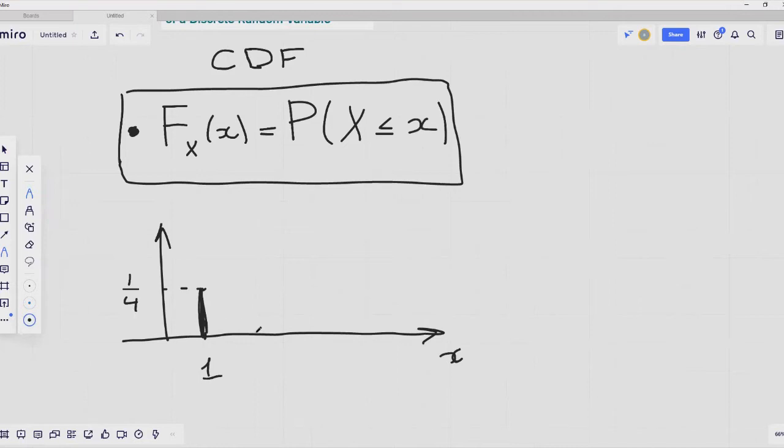It takes on a value of, let's say, 3 with a probability of 1 over 2. So on the y-axis here we have our PMF, small f of x, and it takes on a value of 4 with probability of 1 over 4.